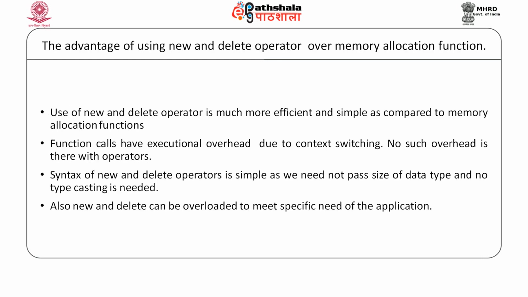Use of new and delete operator is much more efficient and simple as compared to the memory allocation functions. Why are they efficient? Because function calls have executional overhead. Why do they have executional overhead? Because of context switching.